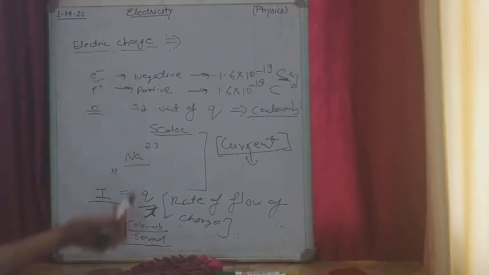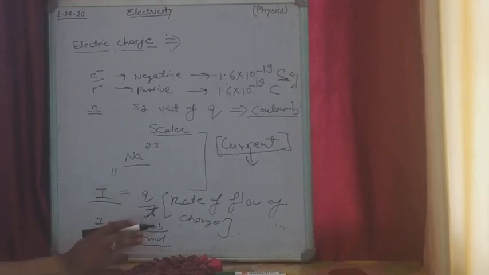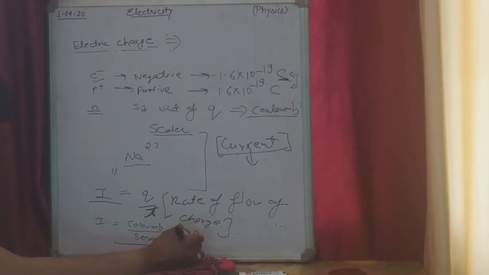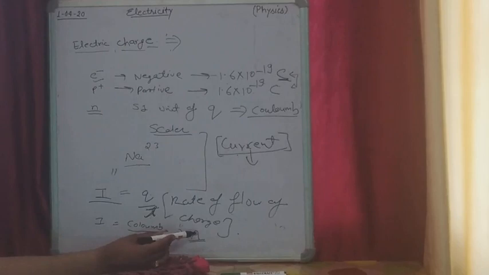This is SI unit of electric current, which is denoted by ampere. We have one great scientist, Ampere, denoted by capital A. He studied a lot about electric current. That's why, to give honor to him, the SI unit of electric current is ampere. And 1 ampere current is equal to 1 Coulomb per second.